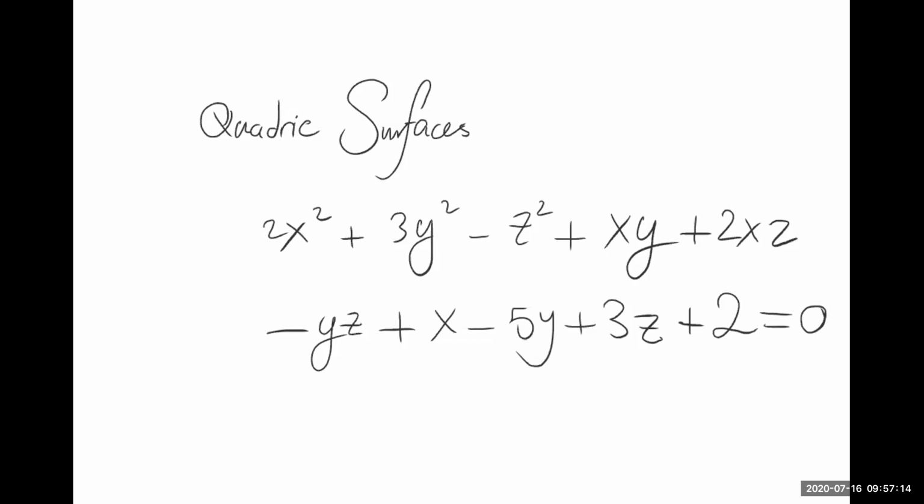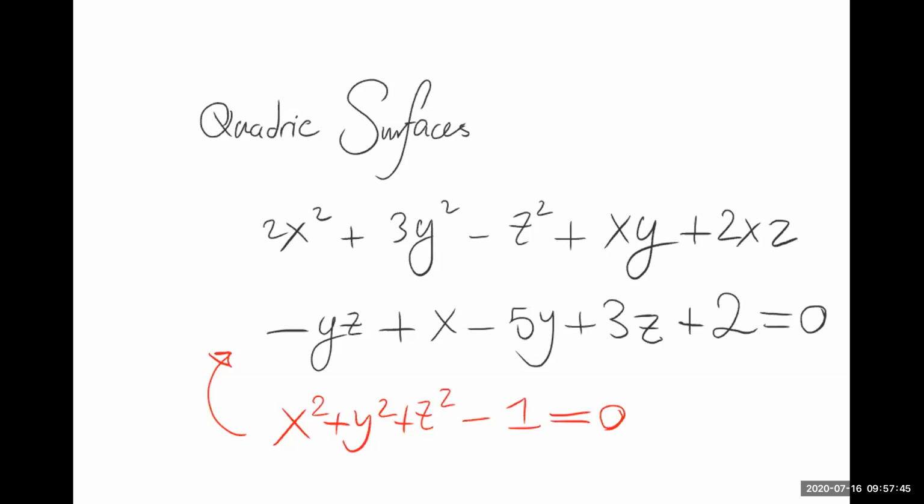So first thing, note that the equation of a sphere with center 0, 0, 0 and radius 1 would be: x squared plus y squared plus z squared equals 1. I can bring 1 to the other side: minus 1 equals 0. So what we have here is a special case of the general form, where x squared, y squared, z squared all have coefficient 1.